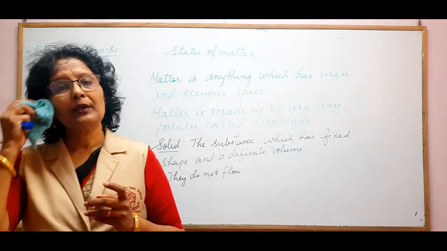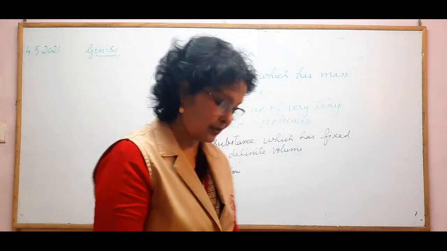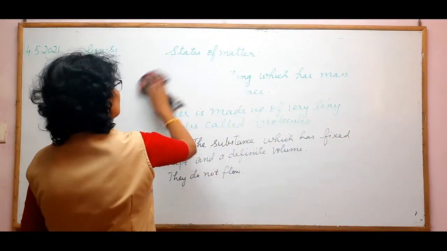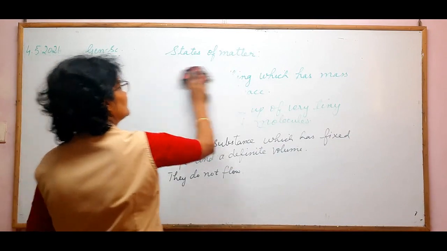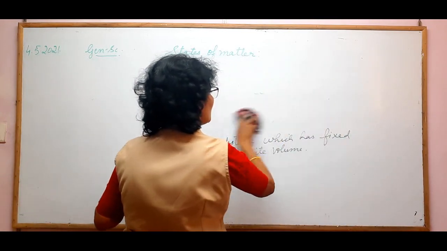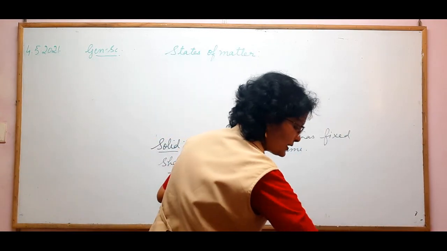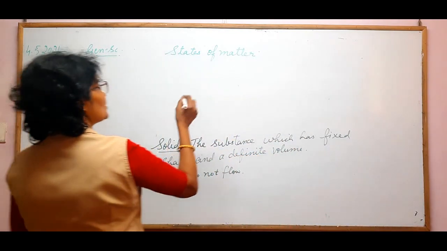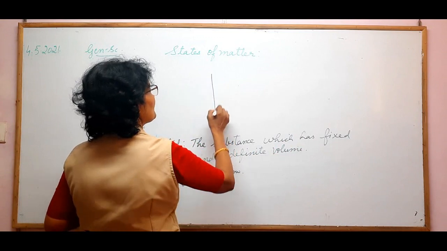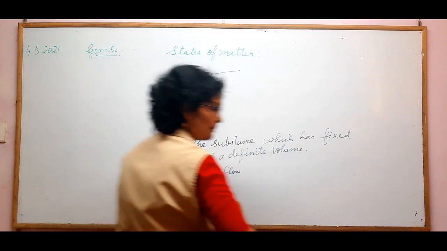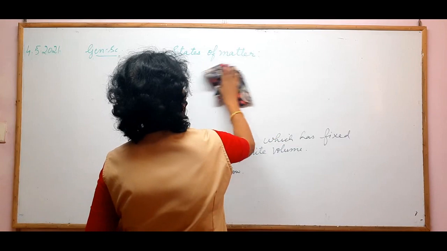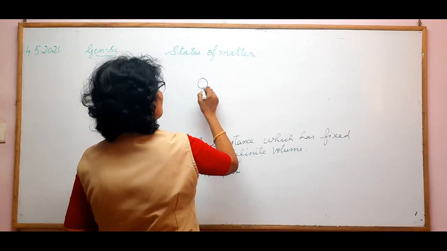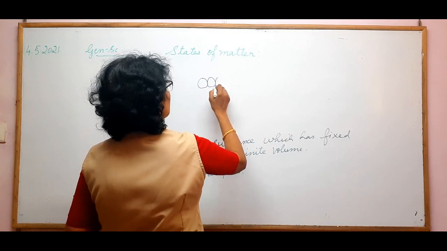Now, when we talk about the molecular space. Molecules, I told you, they are made up of very tiny particles. So, I'll just show you a rough diagram. Molecules of solids are tightly packed.